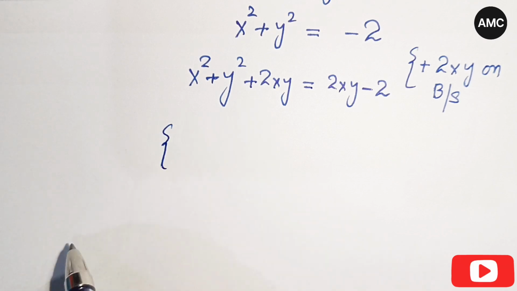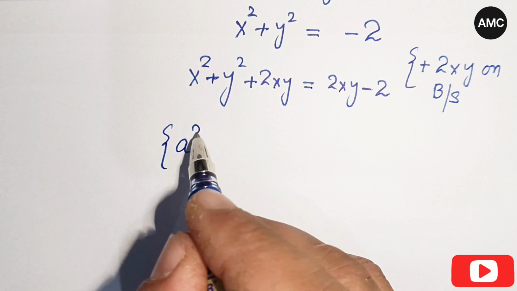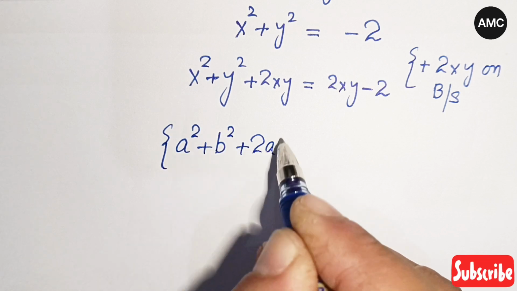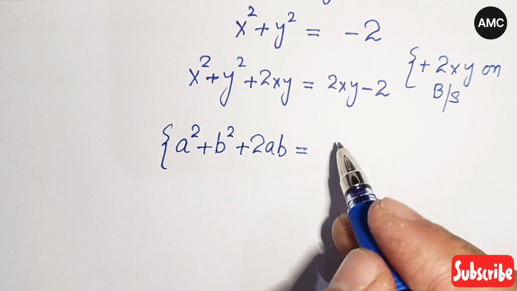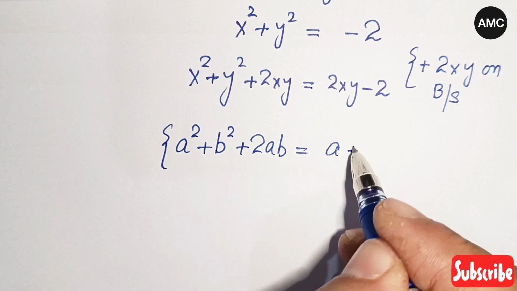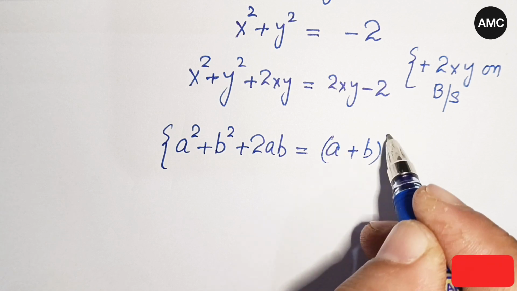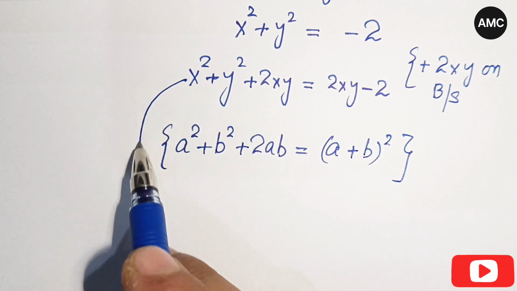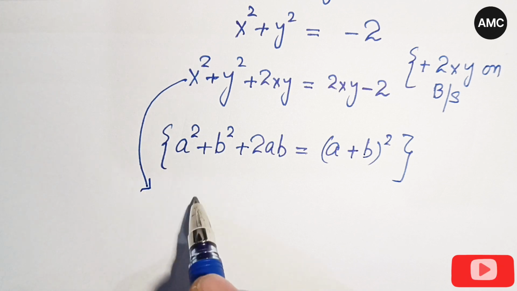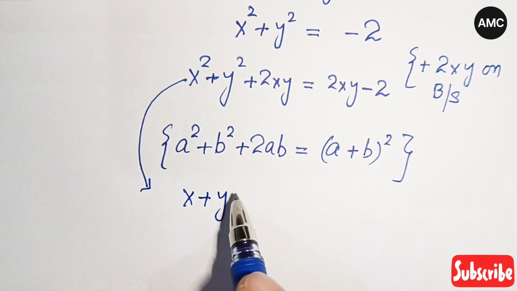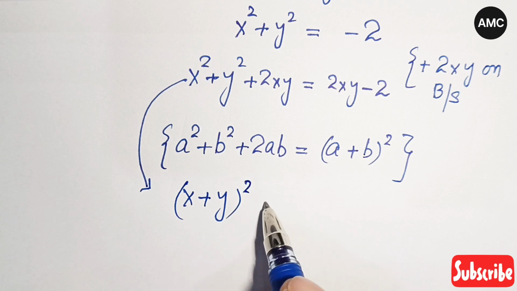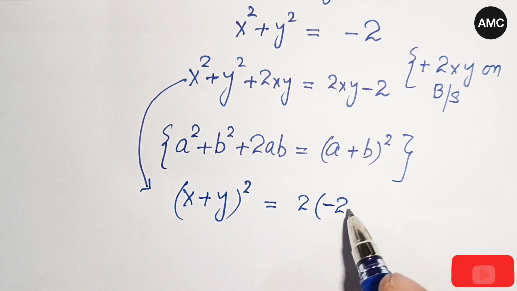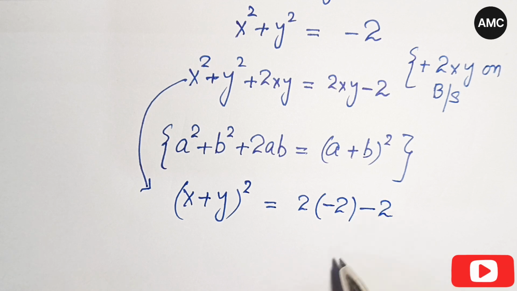As we know that by algebraic identity, a squared plus b squared plus 2 times a times b is equal to a plus b whole squared. So applying this identity here, we have x plus y whole squared, which is equal to 2 times, again putting the value of xy, which is minus 2, and here we have minus 2.